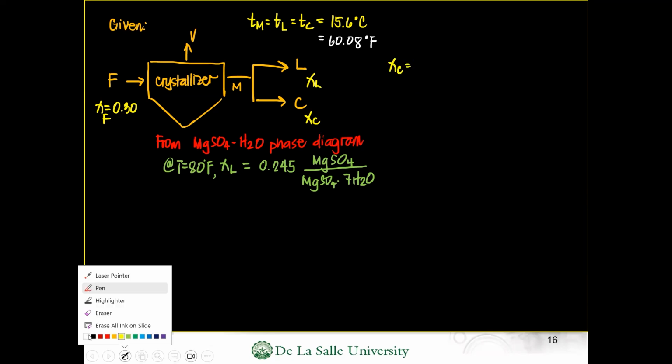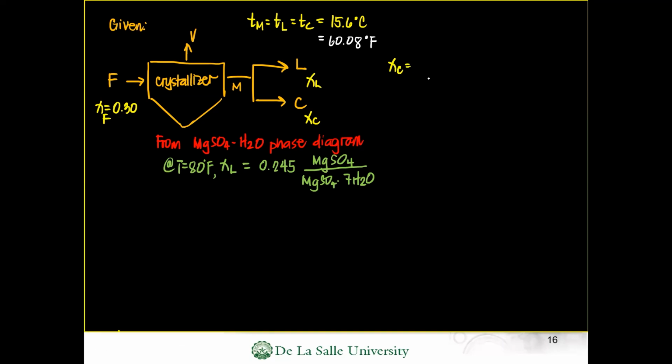XC is basically, as I said earlier, the molecular weight of MgSO4 for every molecular weight of MgSO4 7 hydrate. Can you please solve for the magnesium sulfate molecular weight and the molecular weight of the hydrate, please.